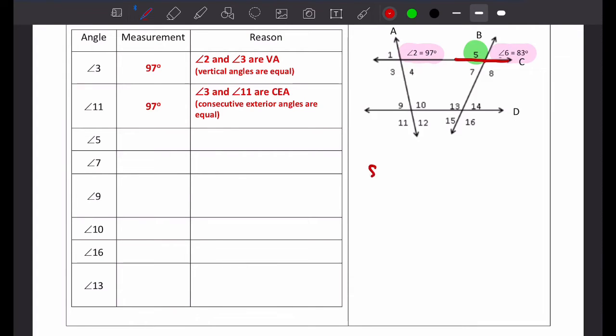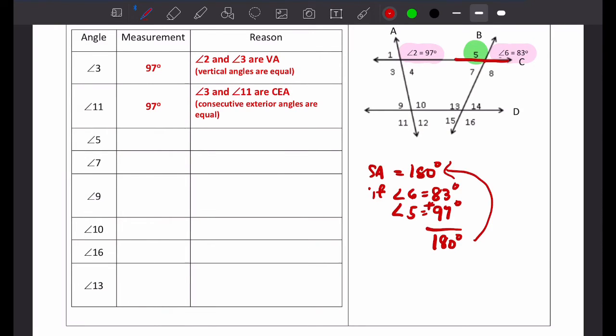And we know that supplementary angles total 180 degrees. So, if angle 6 is equal to 83 degrees, then angle 5 should be 97 degrees. Why? Because 83 plus 97 equals 180. Okay? So angle 5 is 97 because angle 5 and angle 6 are supplementary angles.